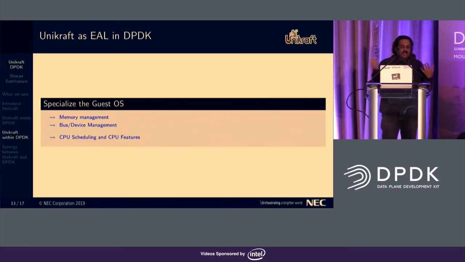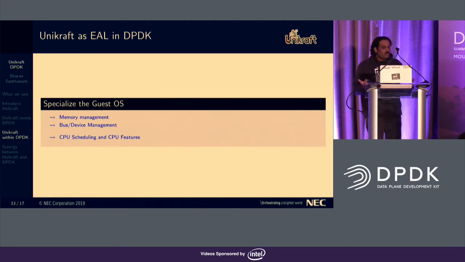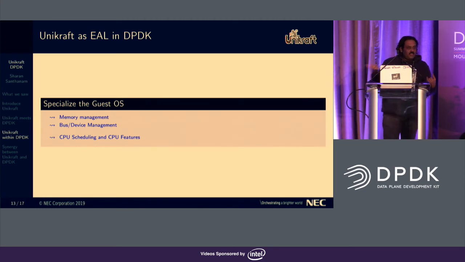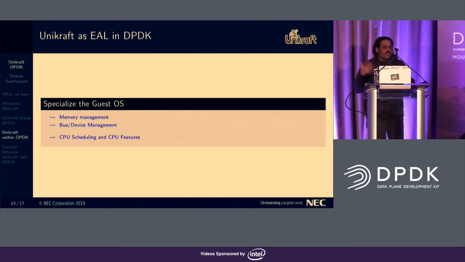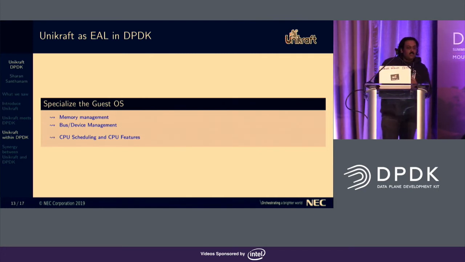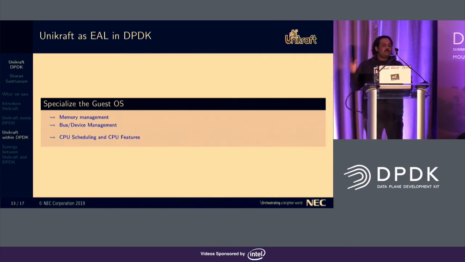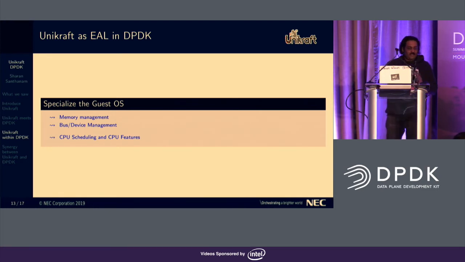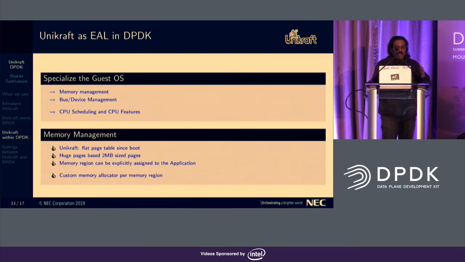So what we decided to do was classify it into 3 use cases where we can specialize. One was on the memory management side, the second was device and bus management, and the third was CPU isolation and interference from the different cores. So we decided to go through them one by one.